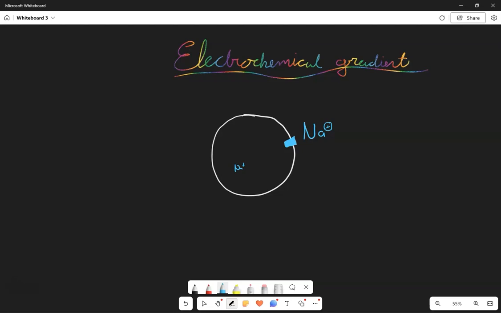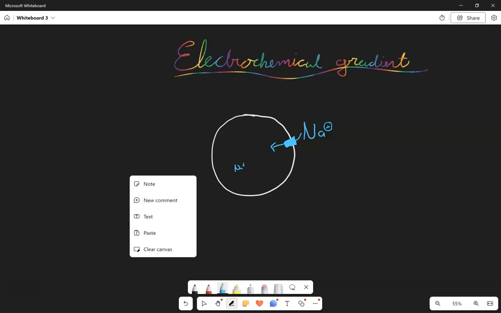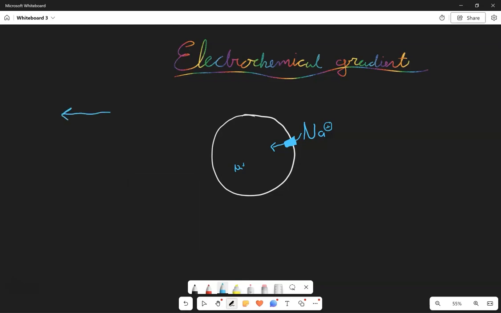So if we have a high concentration on the outside and a low concentration on the inside, that ion is going to want to move from an area of high concentration to an area of low concentration, following its concentration gradient, right? And so there is a force acting on it moving in this direction with, let's say, this magnitude, and this is based off of concentration.